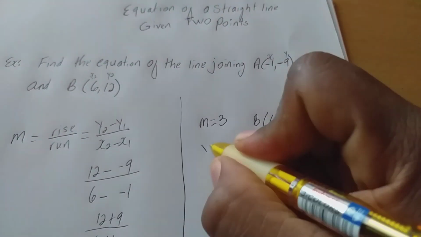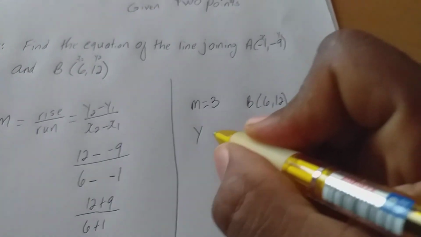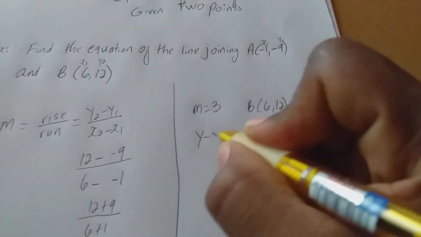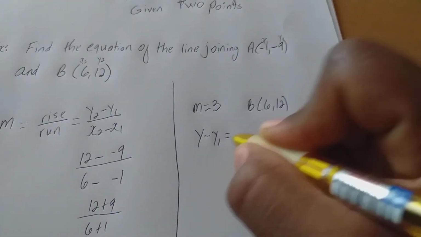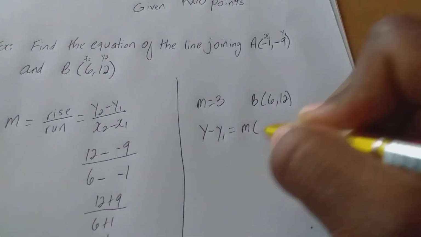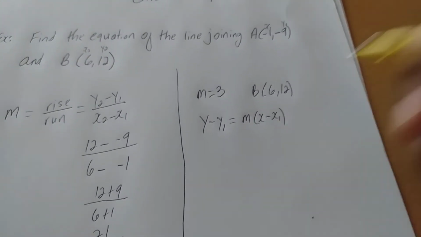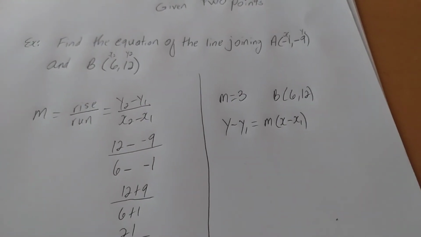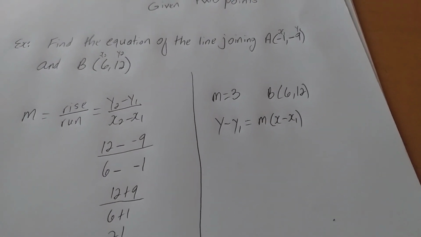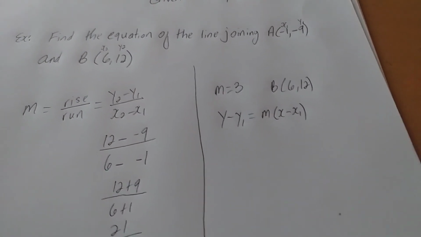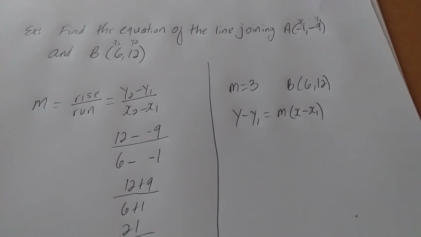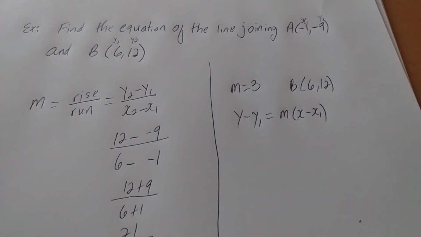Now that I have found my slope, I have chosen a point. I will use the general form as was shown in the previous video, which is y minus y1 is equal to m into x minus x1. Now you might be saying, I already used y1 as -9 and x1 as -1. Remember, it doesn't matter which value is x1 and which is y1.